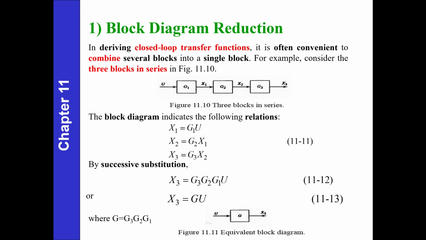The next step is we start our first step, which is a block diagram reduction. As you can see here, X1 is equal to U times G1. X2 is equal to X1 times G2, and X3 is equal to X2 times G3.